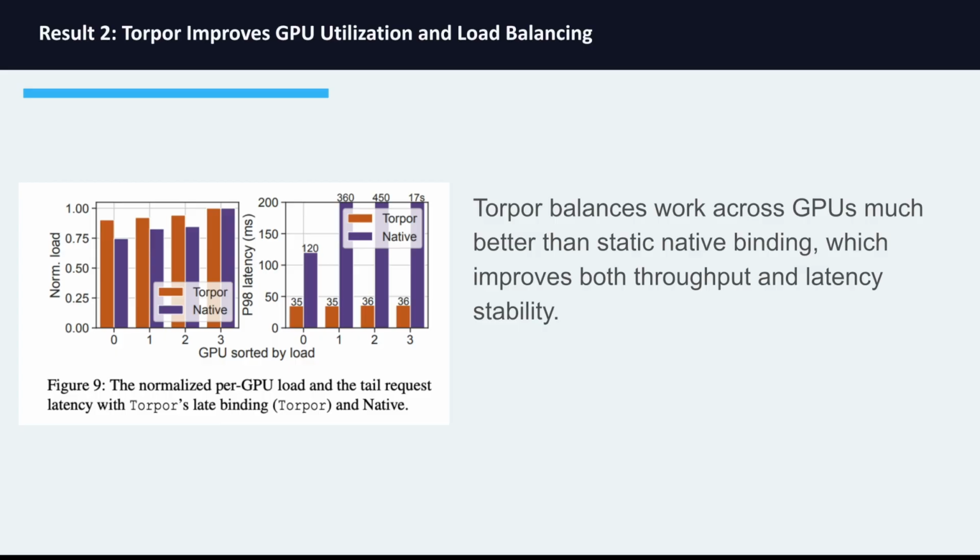And for the right graph, we have the y-axis, this is the worst case response time, and the x-axis is how many GPUs. And you can see that Torpor's latency is low and stable, around 35 milliseconds across all GPUs, but the native latency explodes on overloaded GPUs, as you see here.